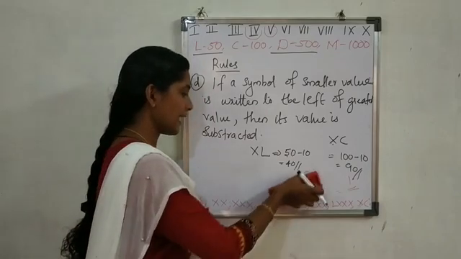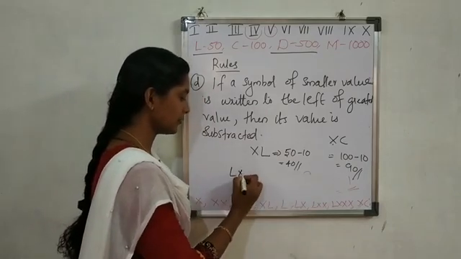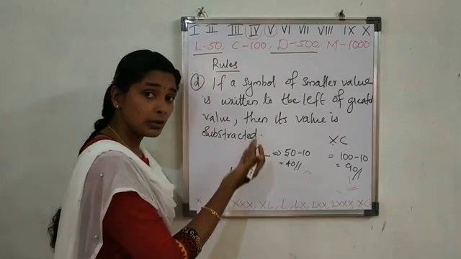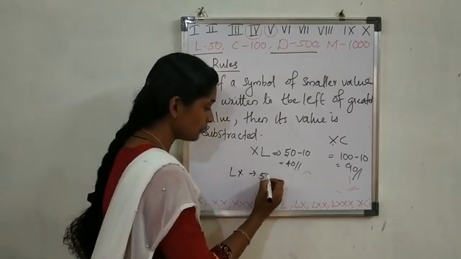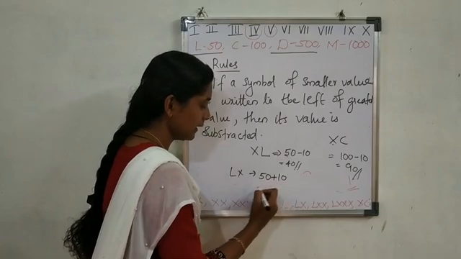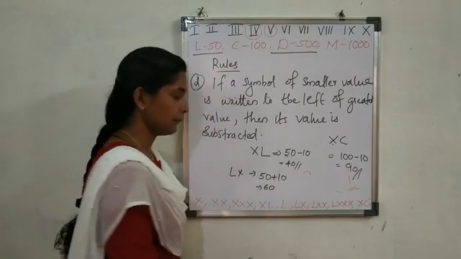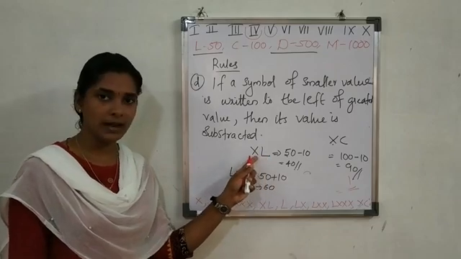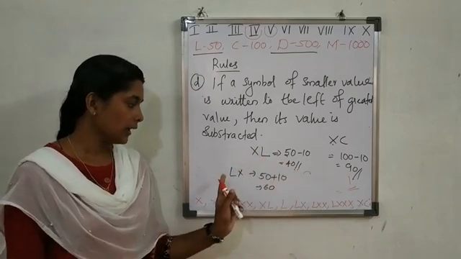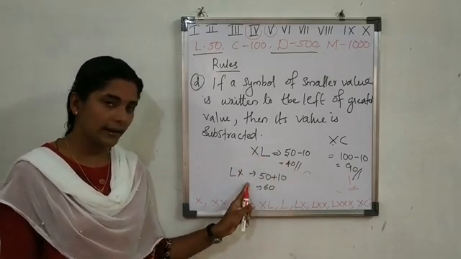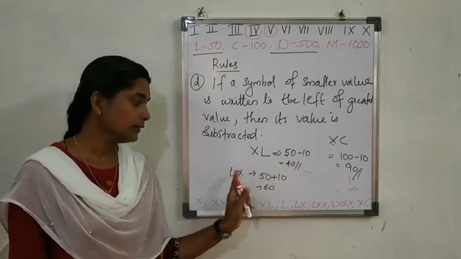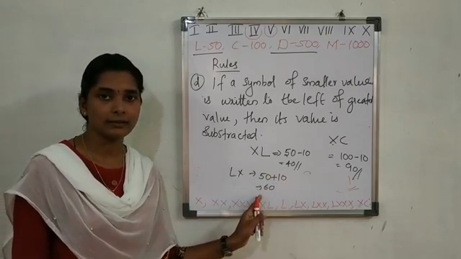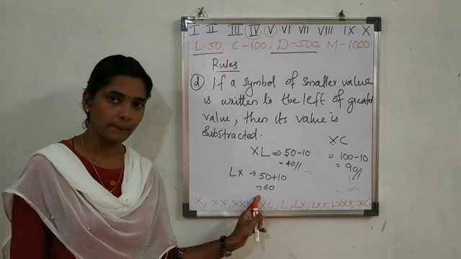And what is LX? If I write X to the right side, that means we have to add: 50 plus 10, that is 60. If I write X in the left side, we have to subtract 10 from 50. And here I write X to the right side, therefore we have to add 50 with this 10. Then we will get 60. Clear?